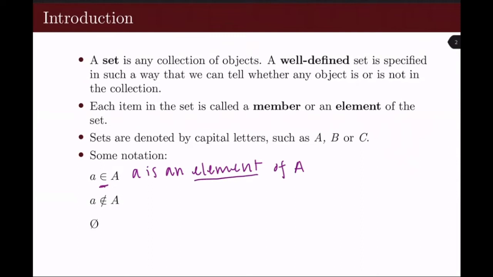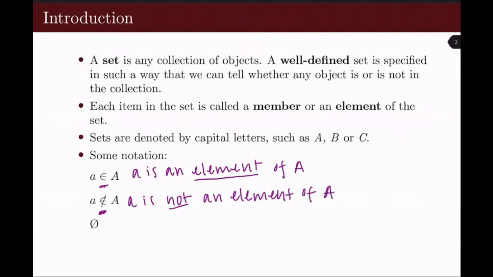Elements of sets generally are denoted by small letters or lowercase letters, while the set itself is denoted by the capital letter. The second one, the E with the cross through, is going to be a is not an element of A.